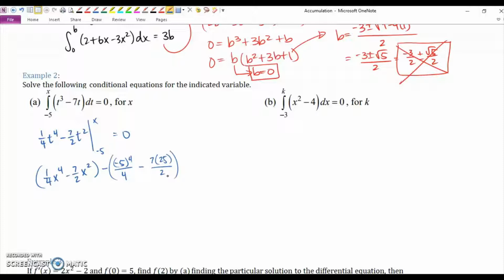And now I'm going to have to go ahead and figure out what that is. In this case, when is that equal to 0? 7 times 25, that's not quite 8 times 25, not quite 200. So that is just shy of 200, or what, 175. Well, anyway, let's look at what this is. This is 1/4 x to the 4th minus 7 over 2 x squared. Probably should figure out what that is. 25 times 25, isn't that like 625 or something like that?